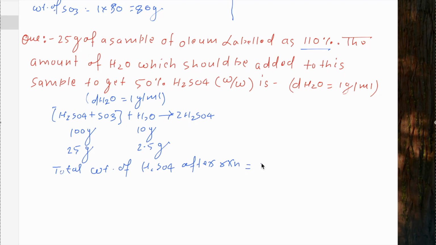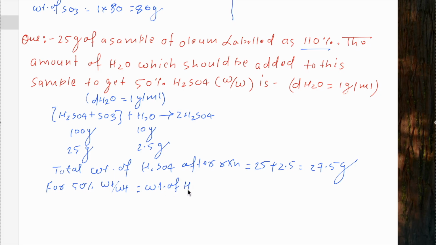This is 25 plus 2.5, which means 27.5 gram, because this much water we are adding. For 50% weight by weight, what will we do?